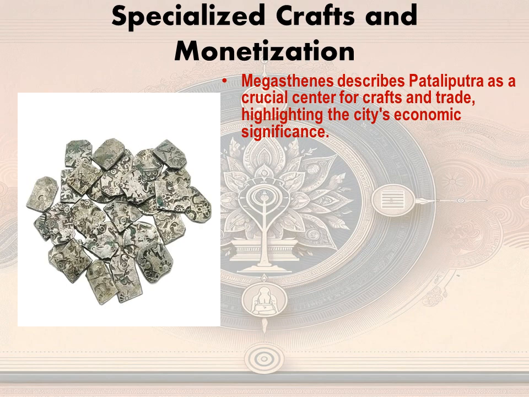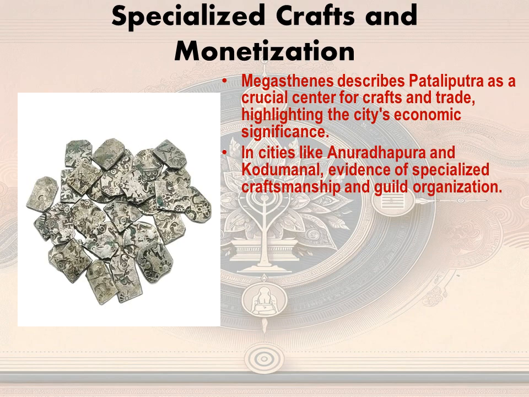So, Pataliputra was not only the capital of the Mauryan Empire, it was also a place which was very significant for commercial activities. And here there were specialized craft centers dedicated to specific trade items only. In cities like Anuradhapura and Kodumanal, evidence of specialized craftsmanship has been found along with guild organization.